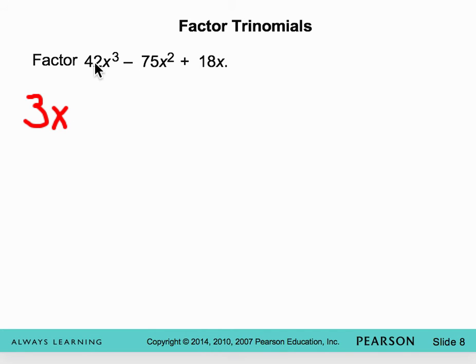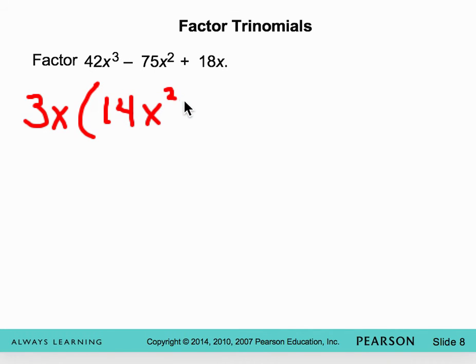There might be a bigger number, but I know there's a 3. Remember, because 4 plus 2 is 6, that's divisible by 3. 7 plus 5 is 12, that's divisible by 3. Hopefully we know 18 is divisible by 3, but if we didn't, 1 plus 8 is 9, that's divisible by 3. Okay, so if I factor a 3x out of this term, it's going to leave 14x squared.